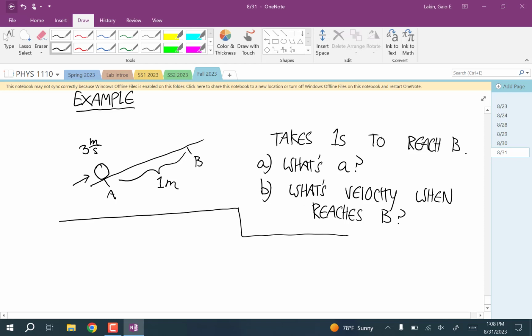Okay, so let's choose the 0 at A and the positive direction up the ramp. So negative would be down the ramp. And what about the times? What's going to be the time equals 0? It's like the first instant in the problem where we're given information or trying to calculate information.